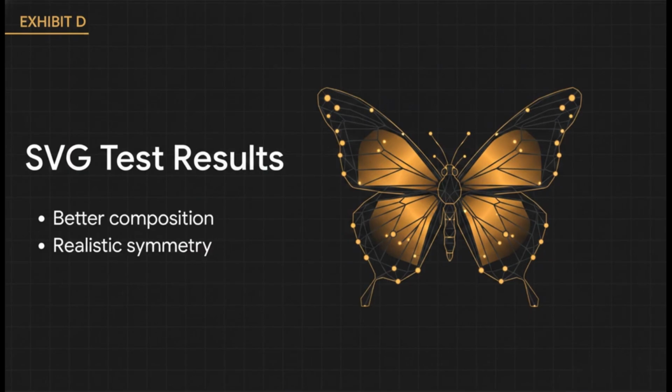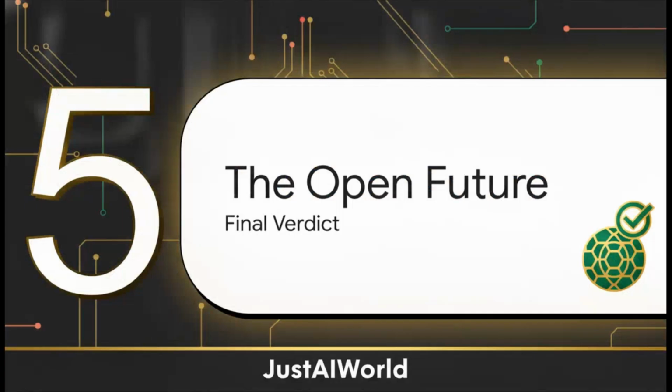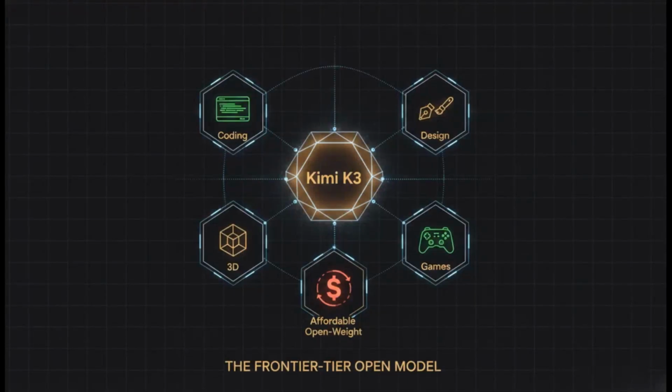In one specific butterfly SVG test, it rendered highly realistic symmetry and these gorgeous wing gradients. Now, it wasn't completely flawless. There was some minor room for improvement right at the body connection point and with some of the wing patterns. For an open model, the depth was simply unprecedented, which brings us to our final verdict, the open future.